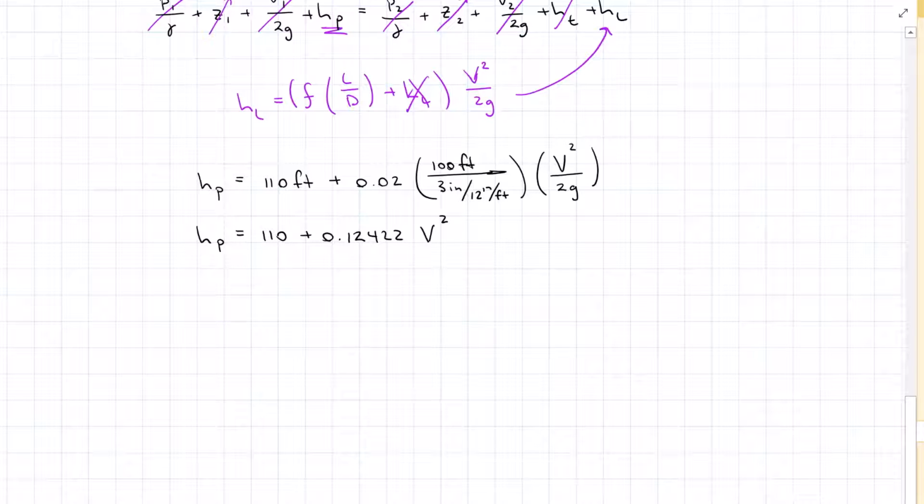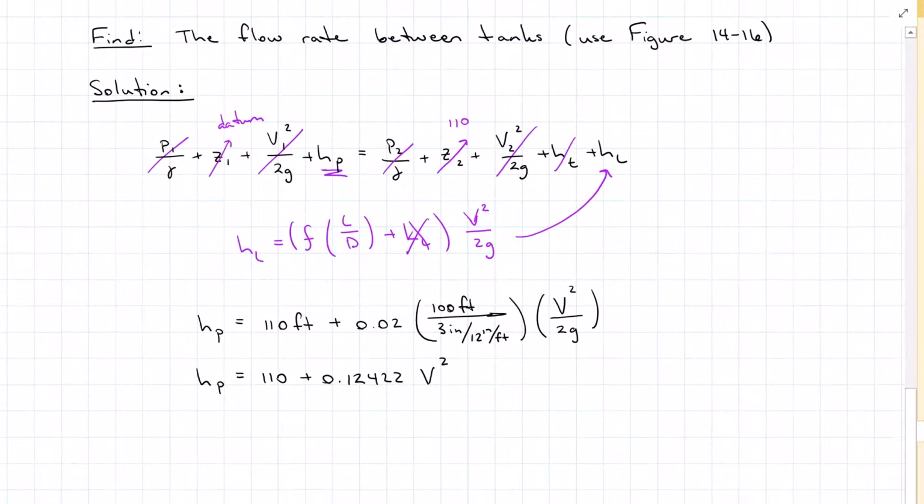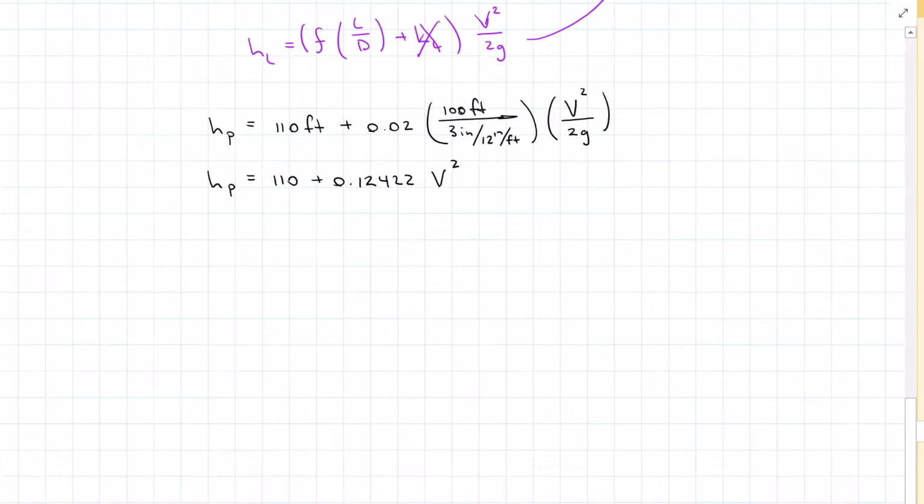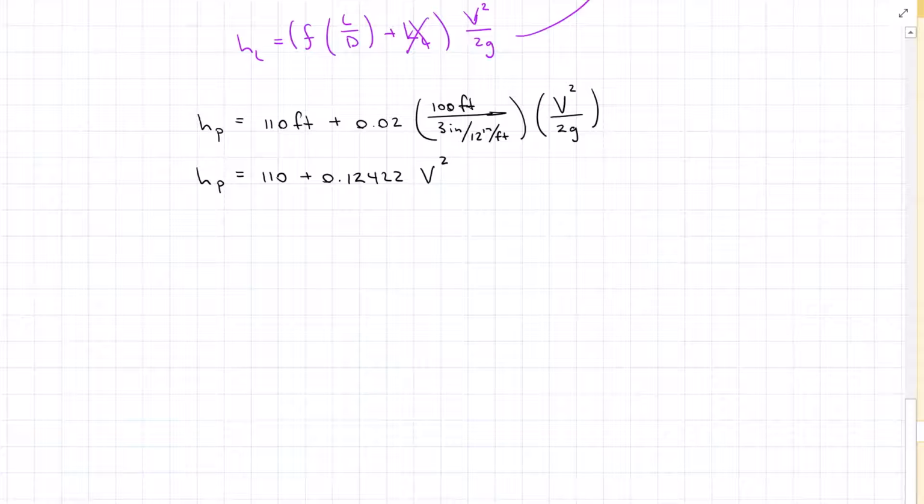Now I'm asking about flow rate, and if I go to figure 14-6, the plot is for head and flow rate. So let's put this equation into flow rate. We are dealing with water, which is incompressible, so Q is equal to VA. V times pi over 4 times 3 inch divided by 12 inches per foot, squared.